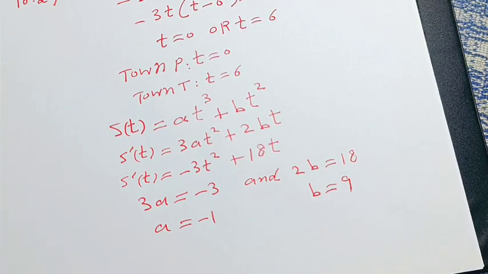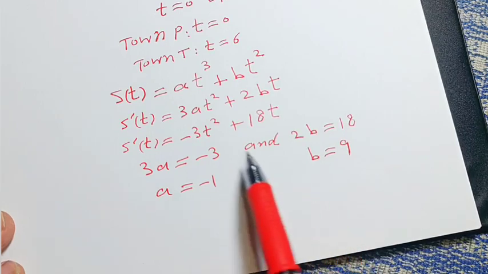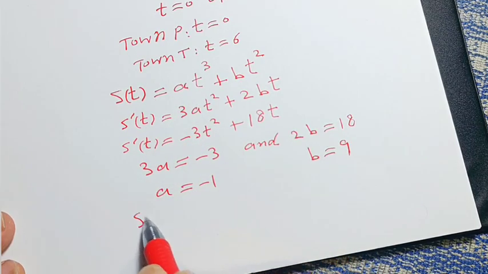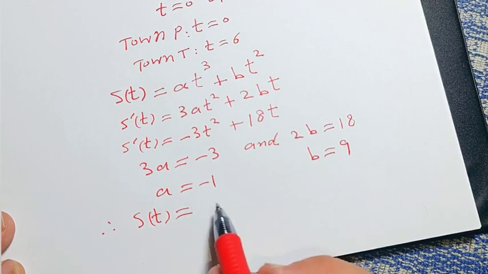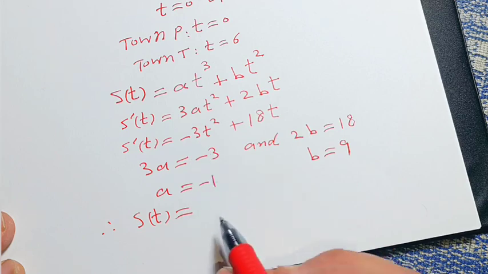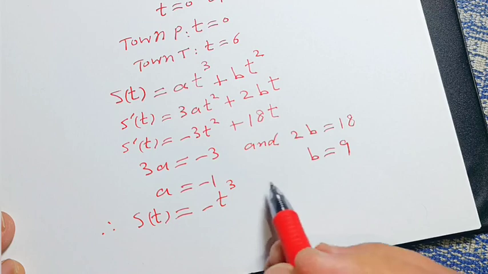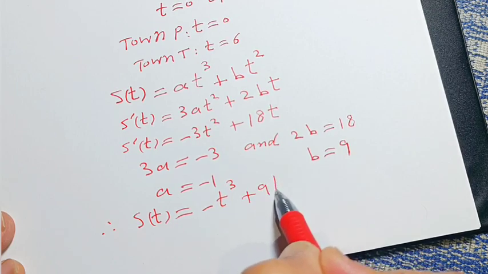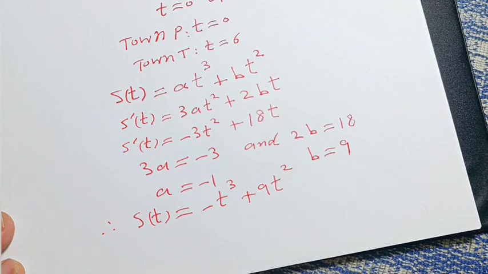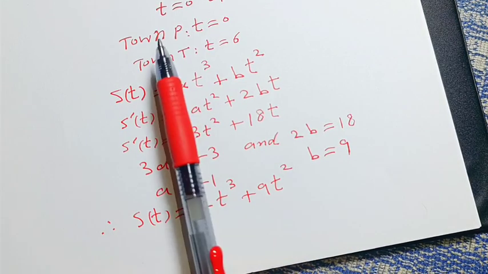So now I'm gonna put a and b back into this function. Therefore my s of t is gonna be negative t cube plus 9t square. So this is my original function.